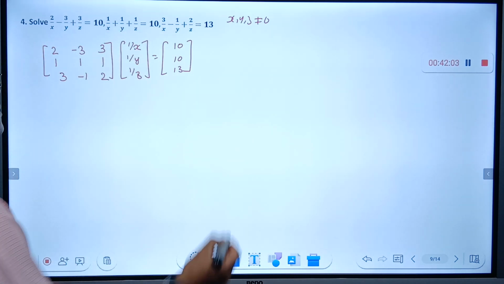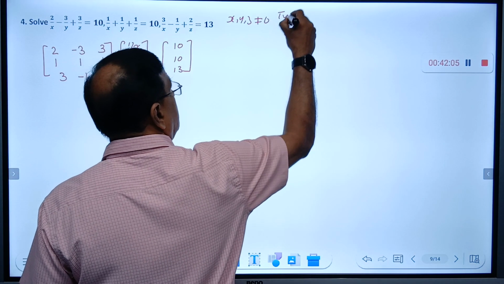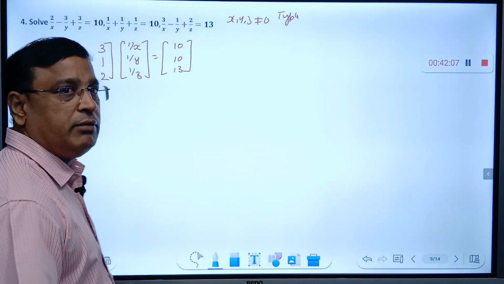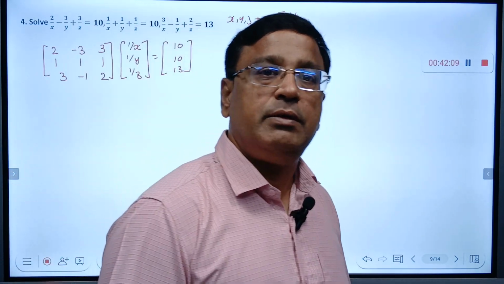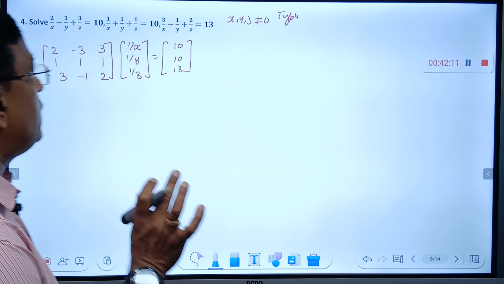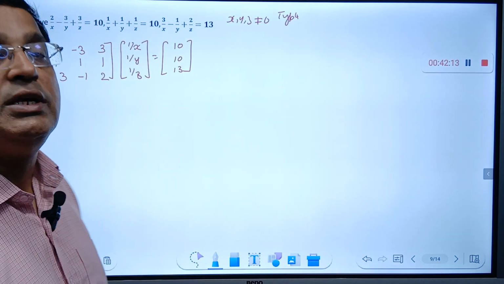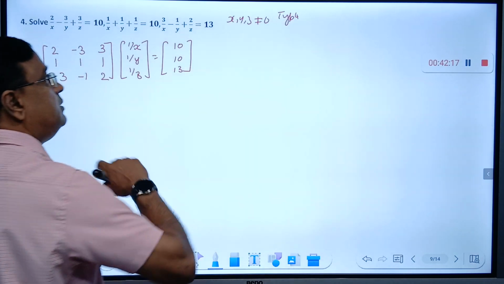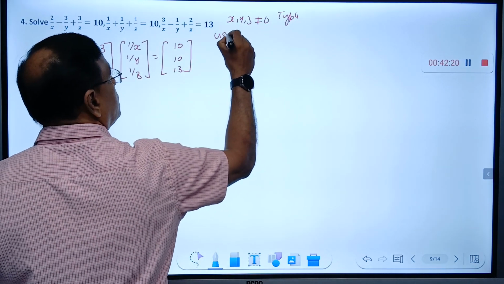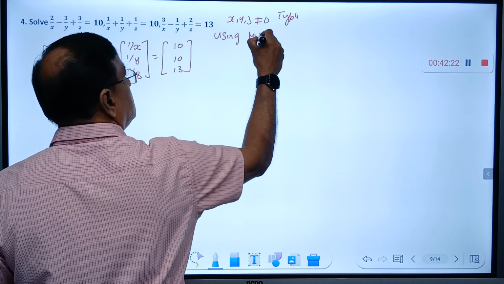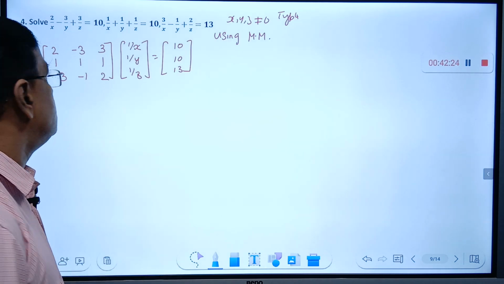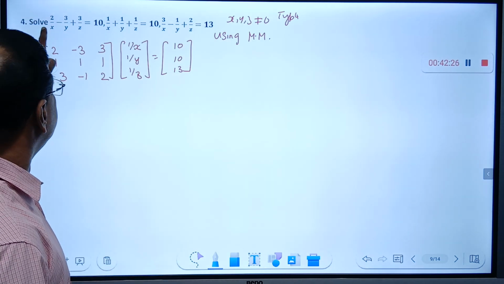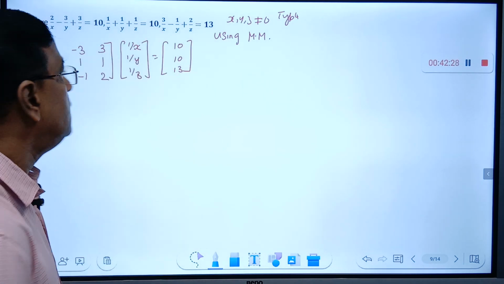Now this is totally different. I call this type 4, because here there is no A given, nor A transpose is given, nor AB is given. Here you are only given an equation and you are asked to solve using the matrix method. The question will be: solve using matrix method. So all that you need to do is take the coefficients and form a matrix as usual.